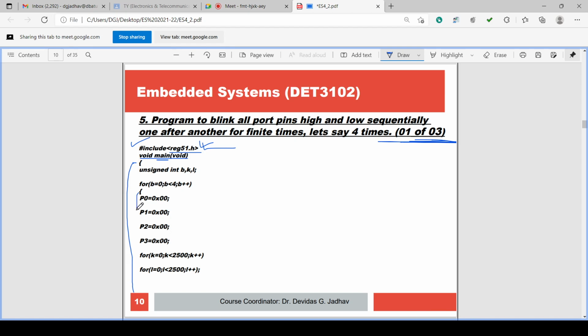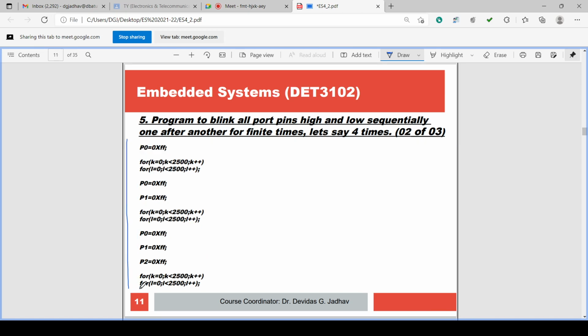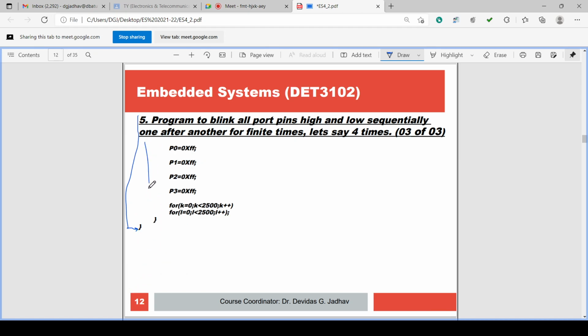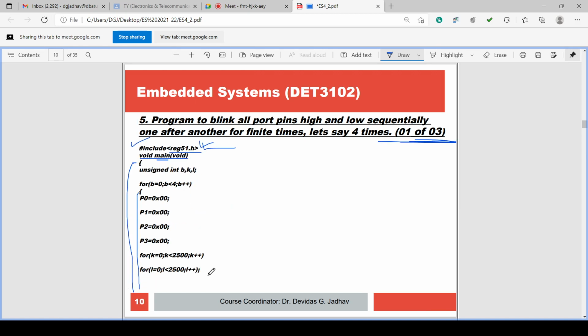Next is the for loop in the main. And this for loop will have this much program block or code block, we can say. Code block, instructions block.